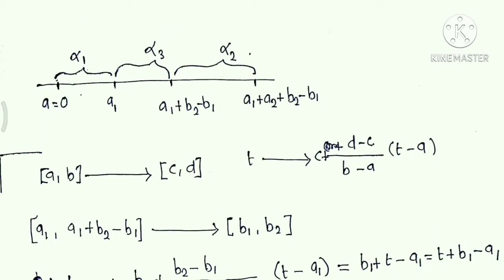Here we define the curve alpha 3 on the closed interval A1, A1 plus B2 minus B1, and change the domain of alpha 2 to the closed interval A1 plus B2 minus B1, A1 plus A2 plus B2 minus B1.